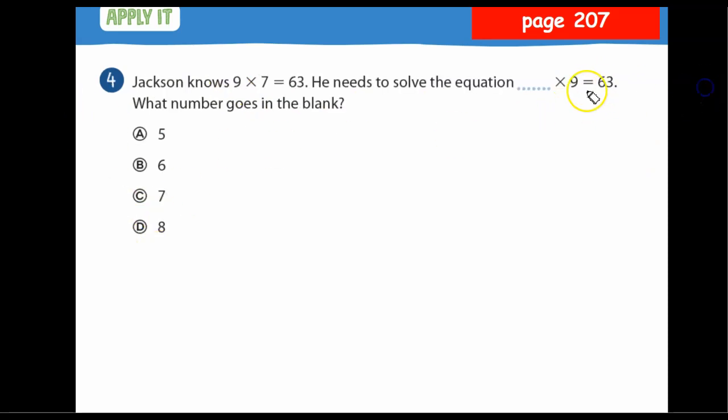Sorry. 9 times 7 is 63. If I have a 7 here, what do you think is going to go there? 7. So the answer is C.